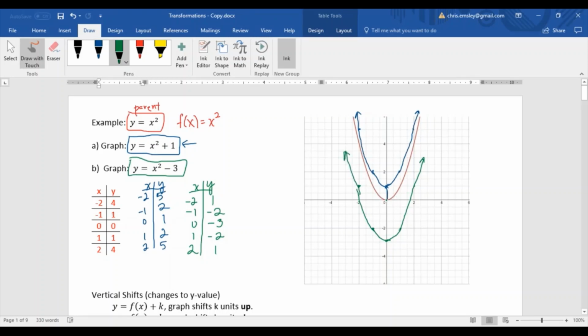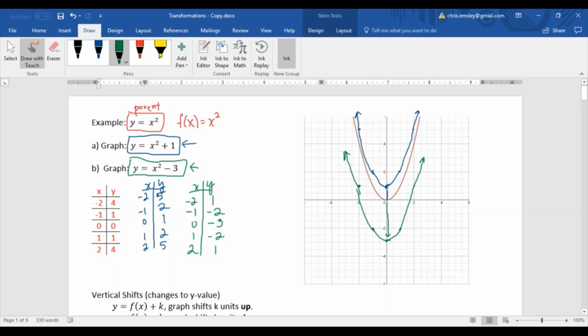Only difference is this time where the vertex of our parent function was 0, 0, we have shifted down 3 units, and our vertex is at 0, negative 3. So you can see subtracting that constant took our whole graph and shifted it down by 3 units.